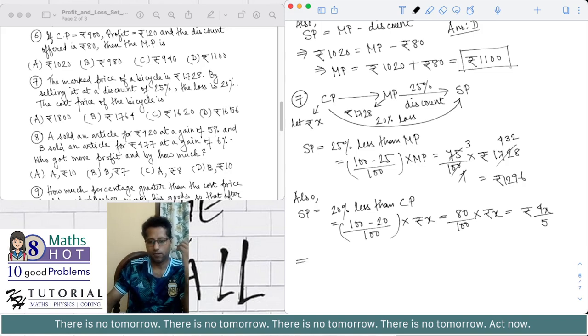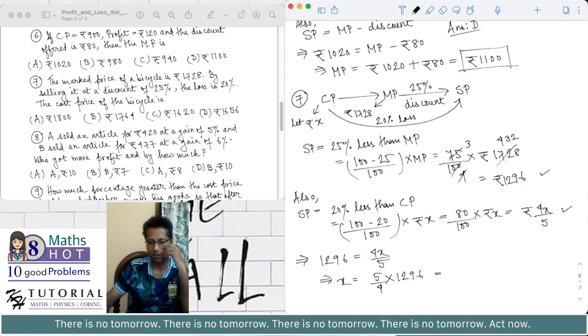So we can now equate the two selling prices. This selling price and this selling price are equal. So we can say 1296 is equal to 4x by 5. This implies x is equal to 5 by 4 multiplied by 1296.